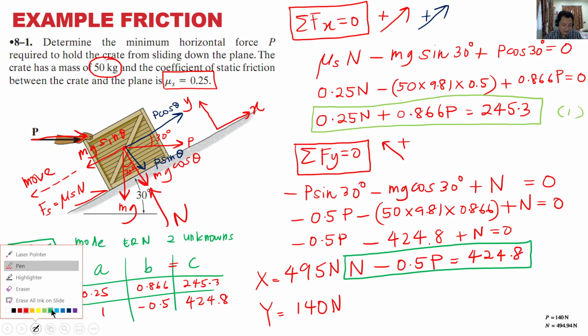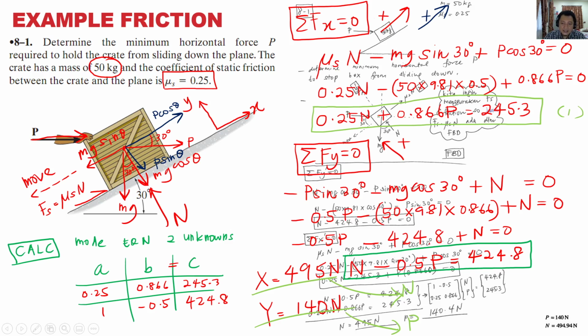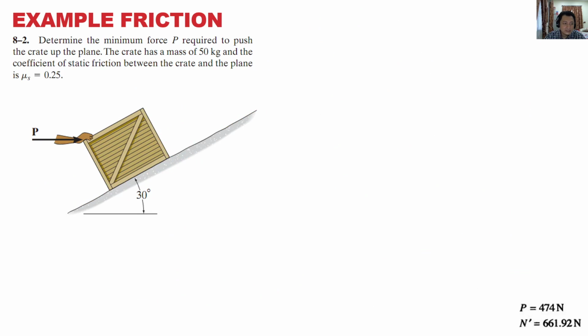Okay, settle. X refers to the normal force, Y refers to P, because N is in front. Just use your calculator. Next, there's an answer for that too. You can try that one also.